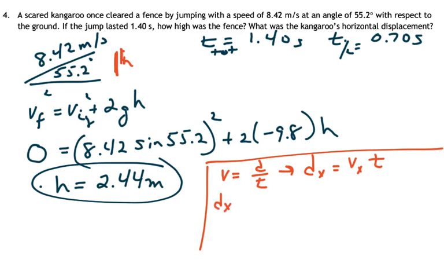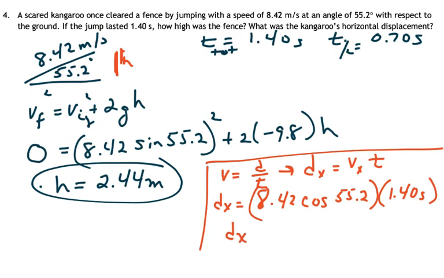So our distance in our x direction is equal to 8.42 times cosine of 55.2 times the time, 7.40 seconds. So distance in the x direction works out to be 6.73 meters.